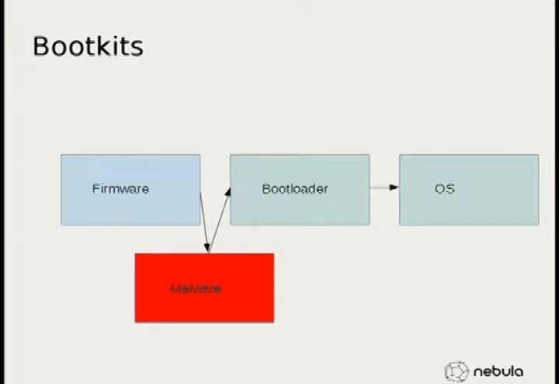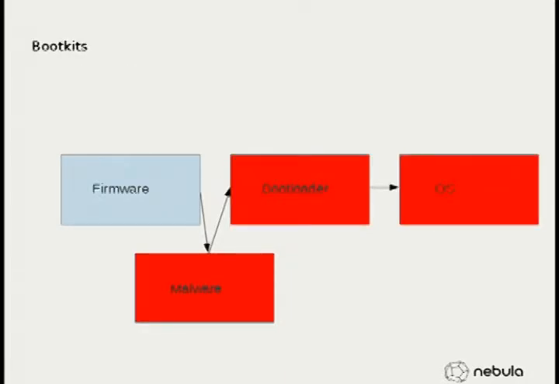Once the malware's running, it's able to modify the bootloader, and in turn the bootloader can modify the kernel. And suddenly, even though you thought that you were running a Windows bootloader or a Linux bootloader, and you thought you were running a Windows kernel or a Linux kernel, you're now running a modified kernel, regardless of what's actually on the file system.